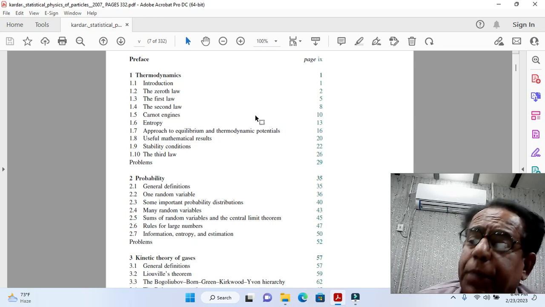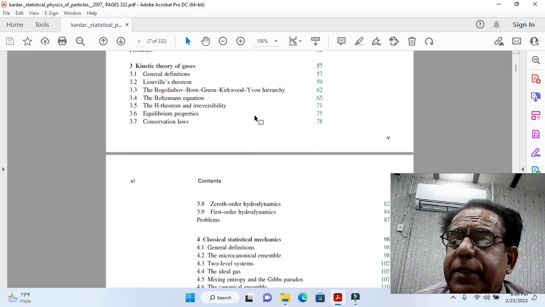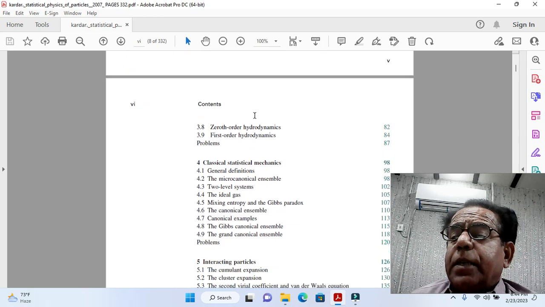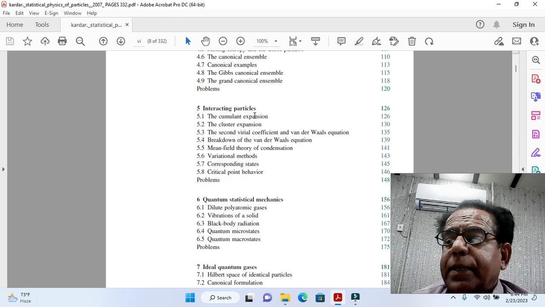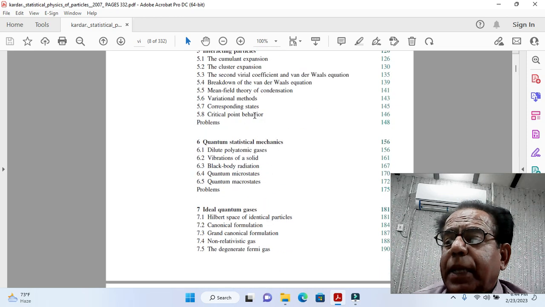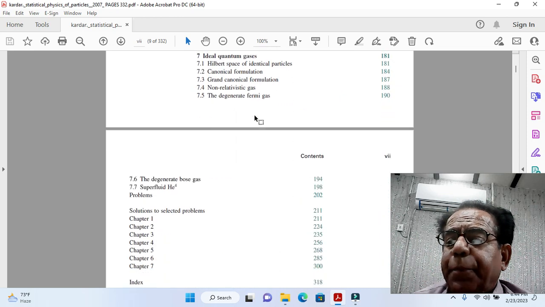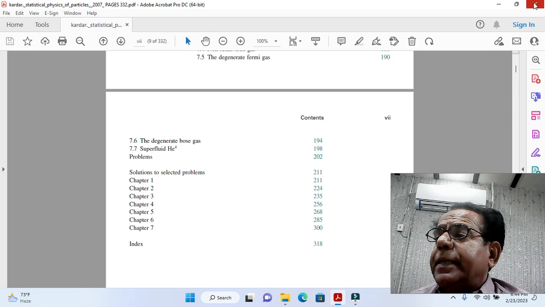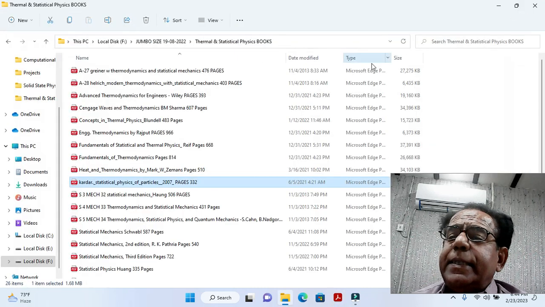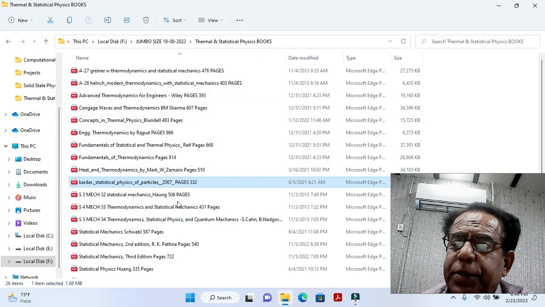Thermodynamics, probability, kinetic theory of gases, classical statistical mechanics, interacting particles, quantum statistical mechanics, ideal quantum gases, and index is given at page number 318.